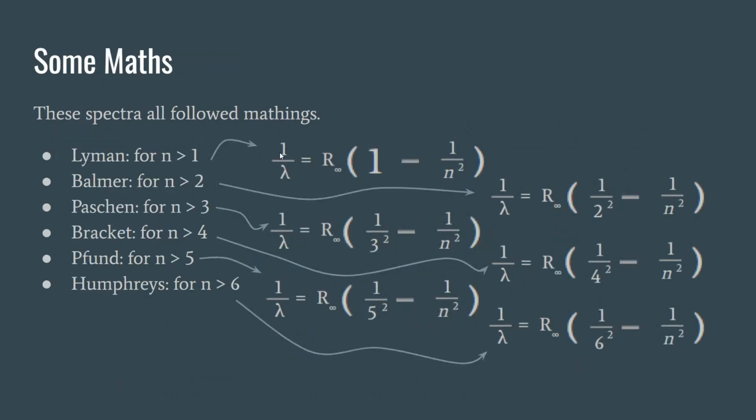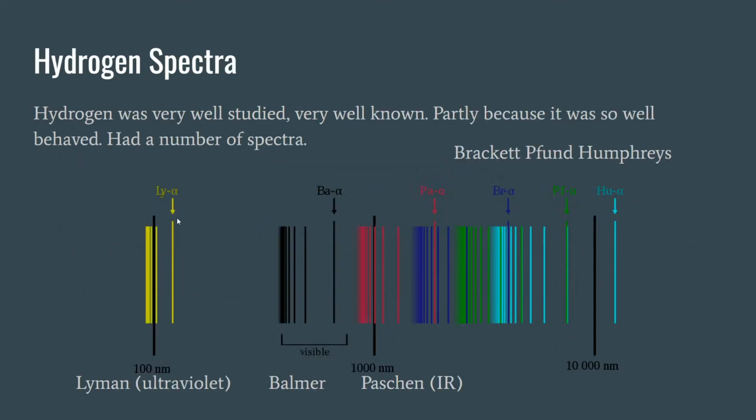And for each one of those, you have 1 over the wavelength is equal to this constant multiplied by 1 minus 1 over n squared, where n is some integer greater than 1. So 1 over 2 squared, 1 over 3 squared, 1 over 4 squared, 1 over 5 squared, and so on.